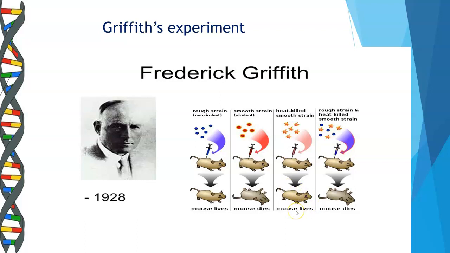He suggested that the genetic material from the heat-killed S bacterium had somehow changed the living rough bacterium into the S strain bacterium. Griffith concluded that the R strain bacterium must have taken up something, which he called the transforming principle, from the heat-killed S bacterium, which allowed the R strain to get transformed into the smooth-coated bacterium and become virulent.